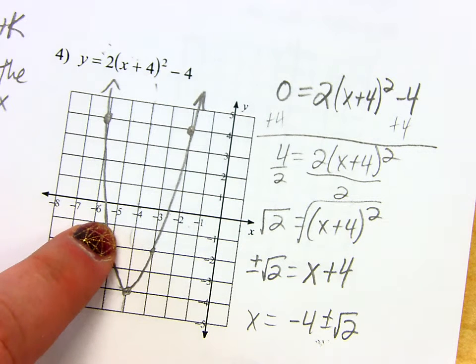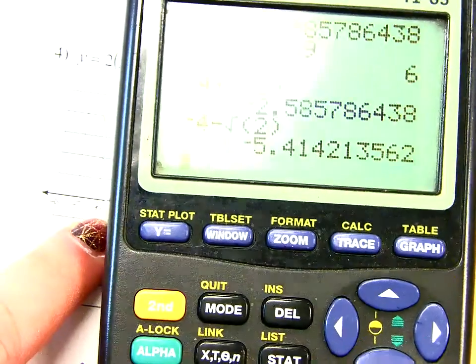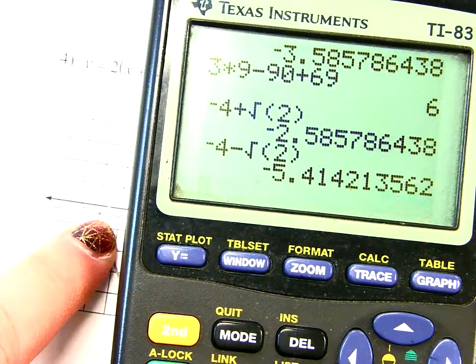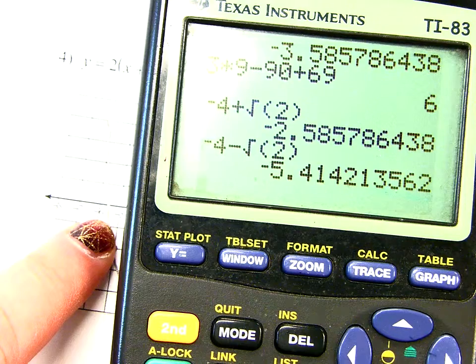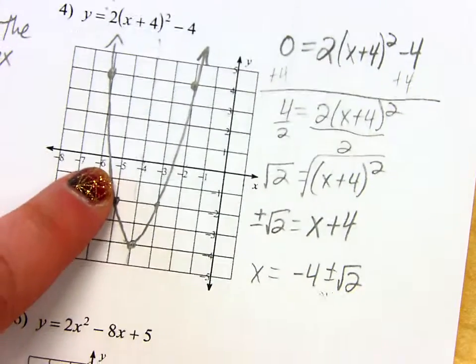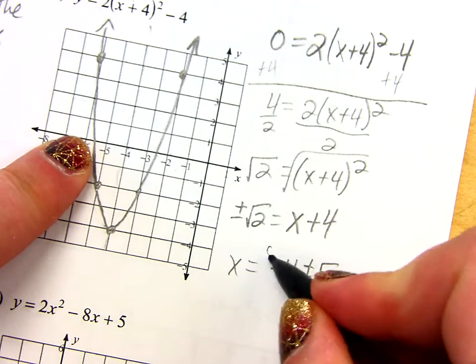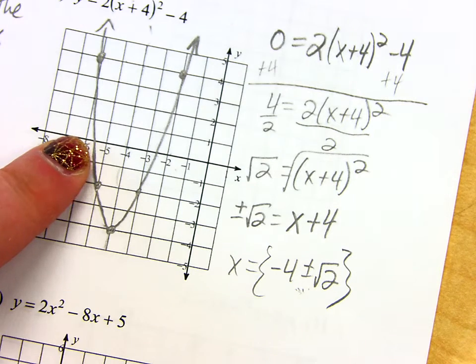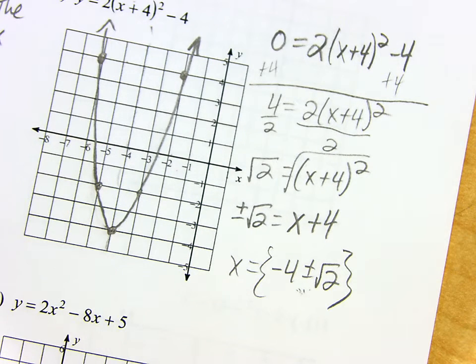And the other one, I know it's going to be -5 point something, but if I wanted to turn it into a decimal, I could. Yep, -5.414, and so on. Cool. So if you're asked exactly where this thing is crossing the x-axis, right there. What fun!